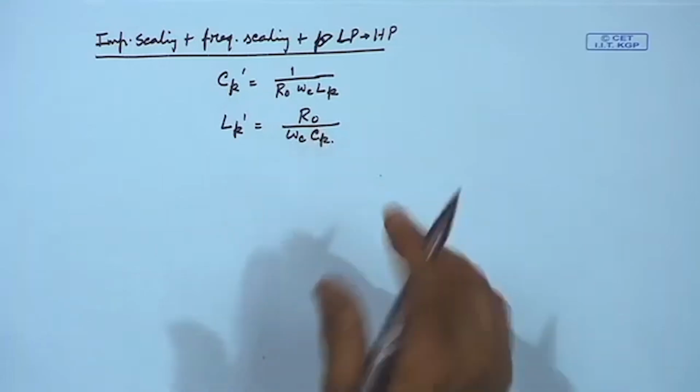In tutorials we will see problems with this, and now this is the low pass to high pass transformation.